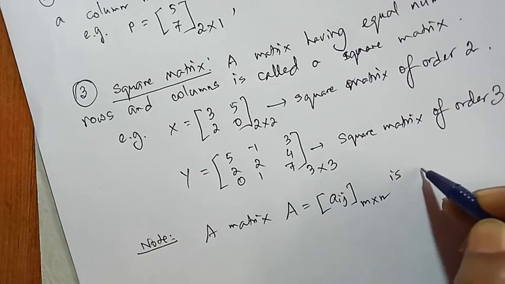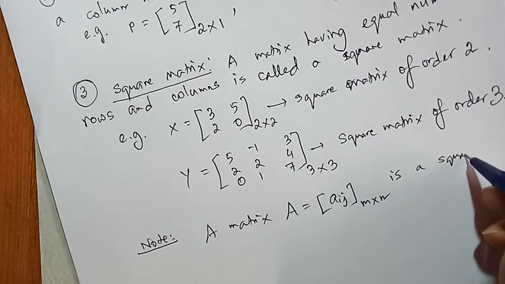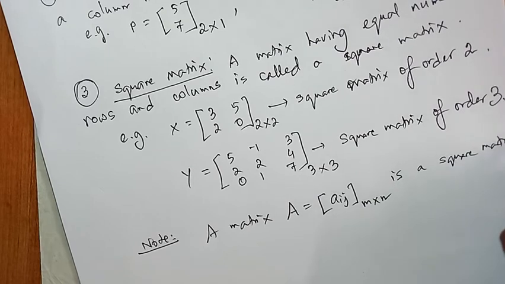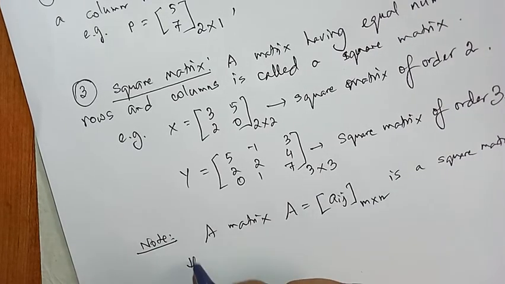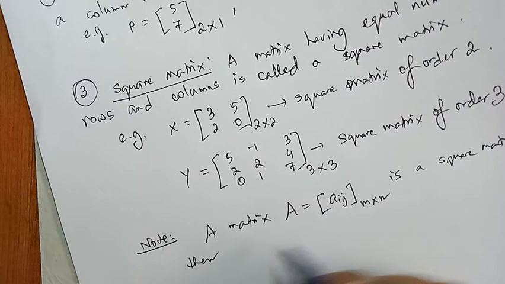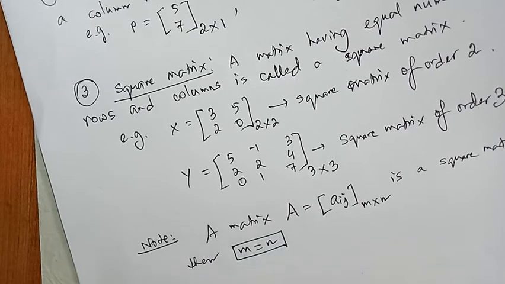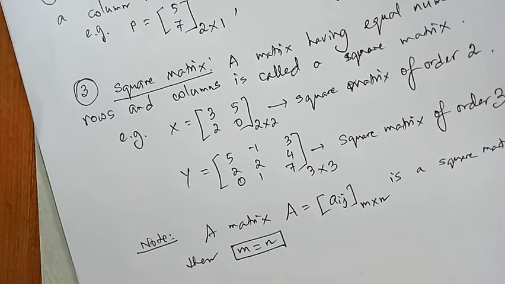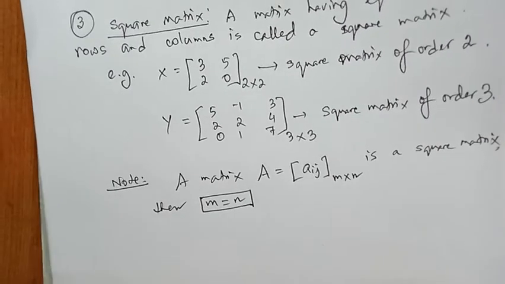If it is a square matrix, then the number of rows and the number of columns must be the same, and this is called a square matrix.